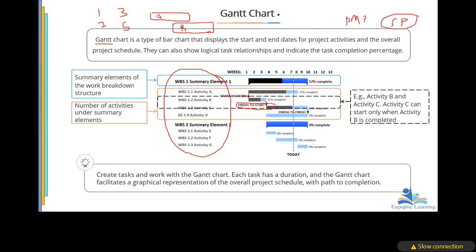If I want to identify amongst the activities the ones that are in terms of priority, then the Pareto chart can help you. It's also a bar chart, just that it gives you the critical few, and then that which is not so important. So that is it.